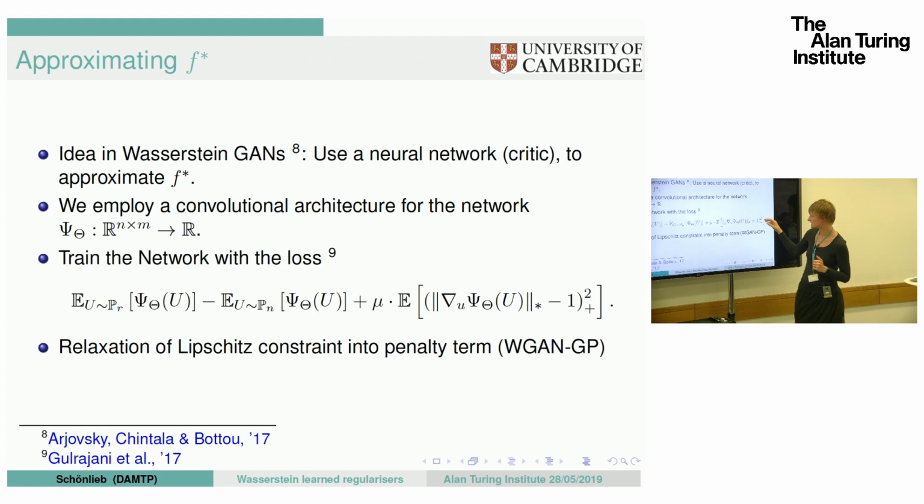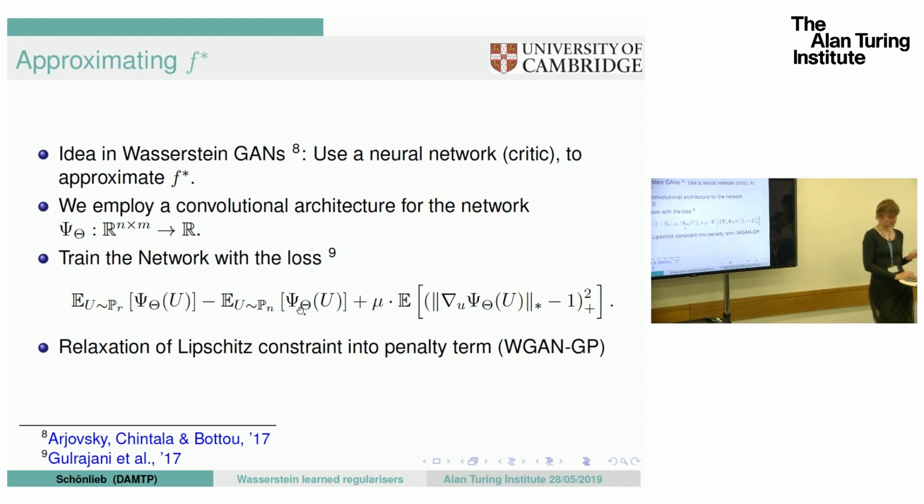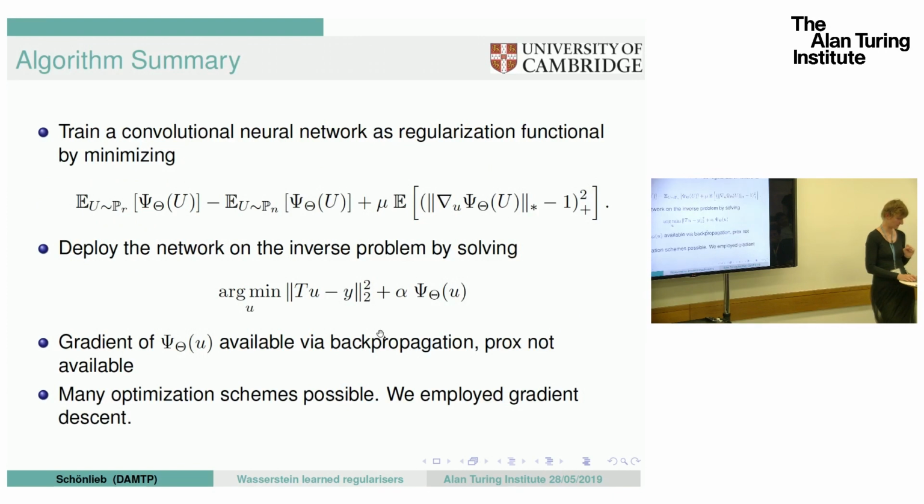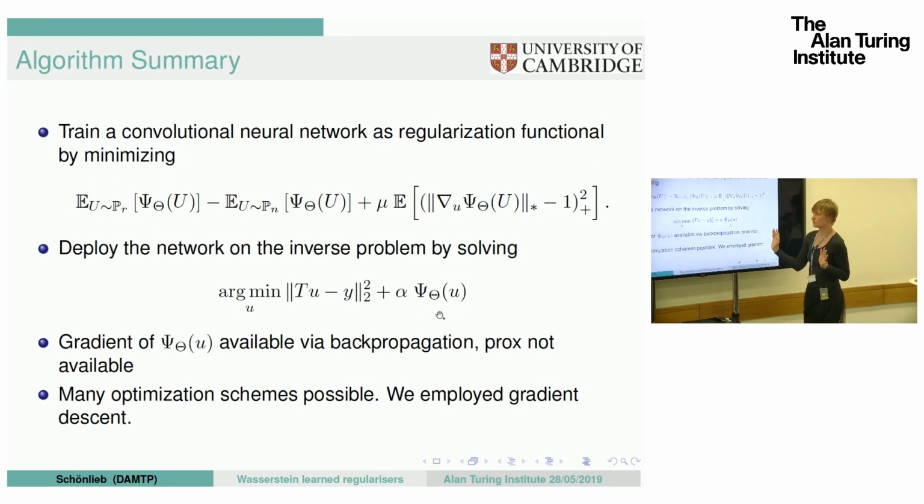This is called the Wasserstein GAN gradient penalty. So I'm taking the constraint and putting it into this loss as a penalty term, for my one-Lipschitz constraint. And now I'm minimizing this, and then the idea is I take the psi theta, I train this on enough examples of Pn and Pr, and then I take it away and plug it into my variational approach. Is this actually my next slide? Yes. Plug it into the variational approach and solve this.